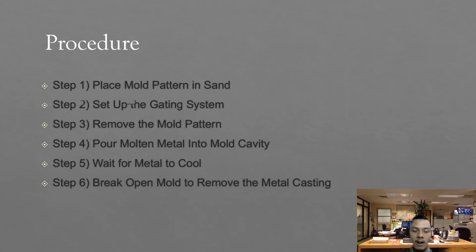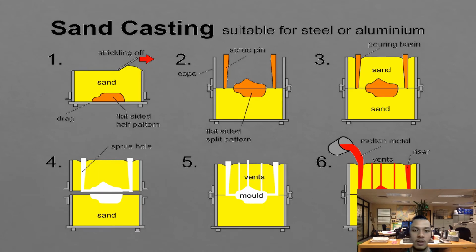I want to move on to the diagram for the sand casting. For this part, I'll be explaining the first and second procedures. If you can see from the previous slide, we place the sand on it and create a flat-sided half pattern, and then we create another flat-sided split pattern so that it can be completely molded into the object that we want.